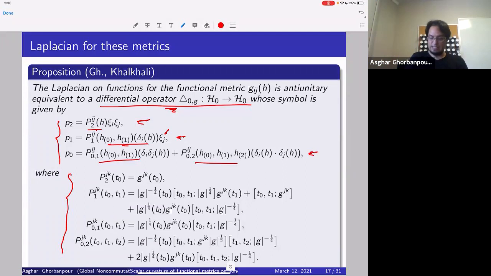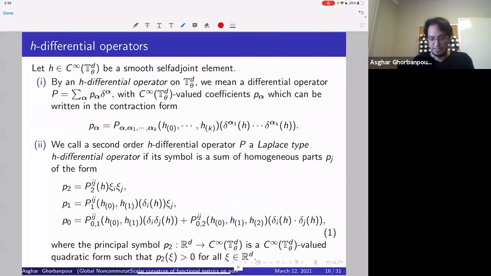So this calculation can be done now thanks to all the tools that are now available. And we can go ahead and try to mimic again the same steps and try to find the parametrix, the trace of the heat kernel, and so on.